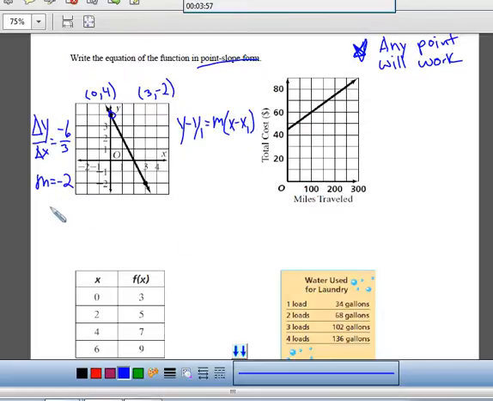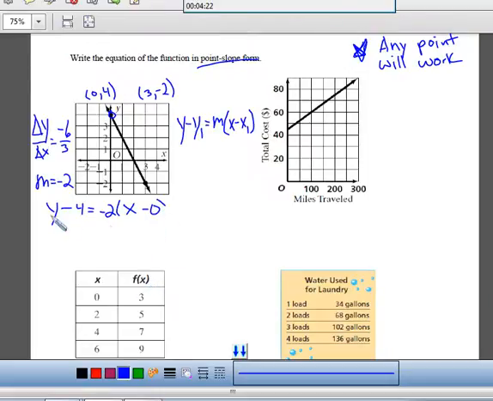Alright, so I'm going to substitute in my y value. Let's use this point first, 0, 4. So 4 is my y1 value, equals, now m is negative 2, parentheses, and then I get x minus 0.